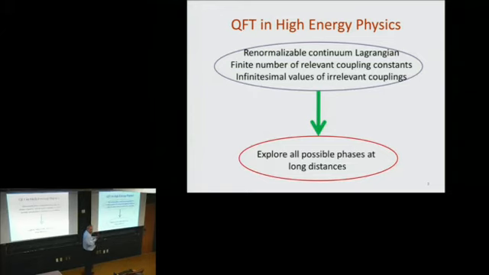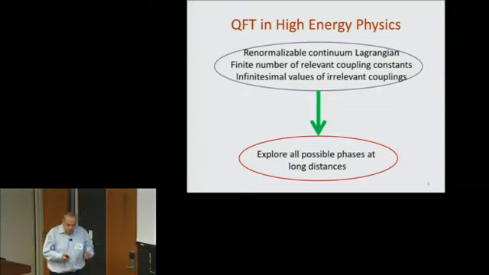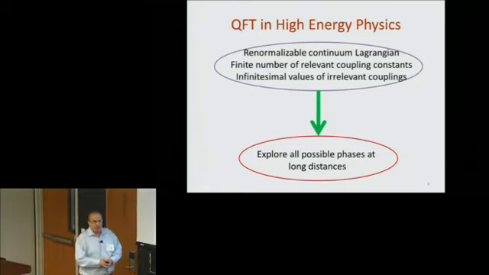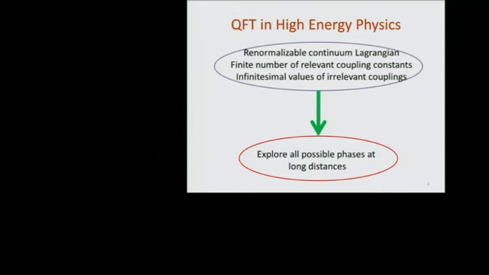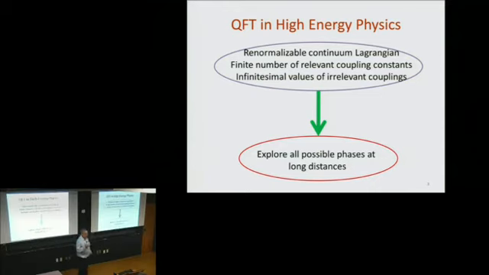Why is it fixed finite? It's fixed per problem. In another problem, there would be another fixed answer. So for example, if I'm in 2 plus 1 dimensions, and I have a scalar field, then I can write a kinetic term, I can write a phi square, I can write a phi cube, I can write a phi fourth, and that's it.